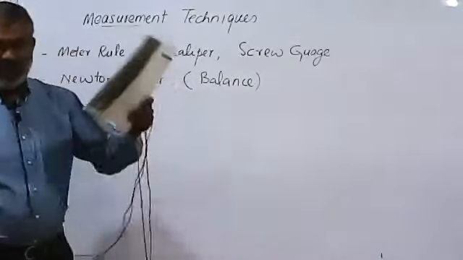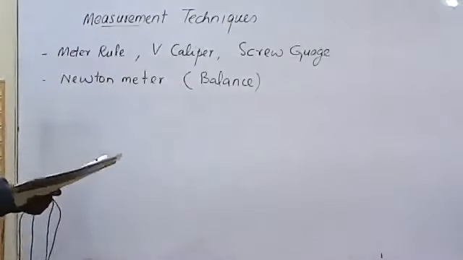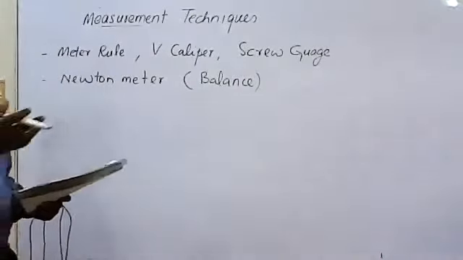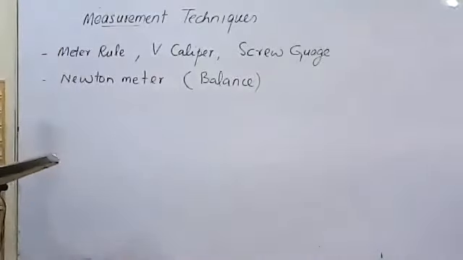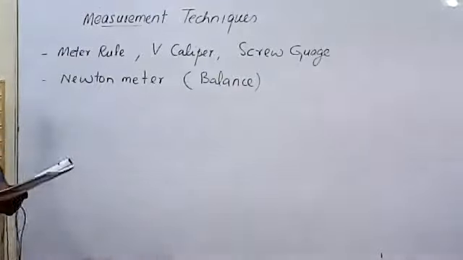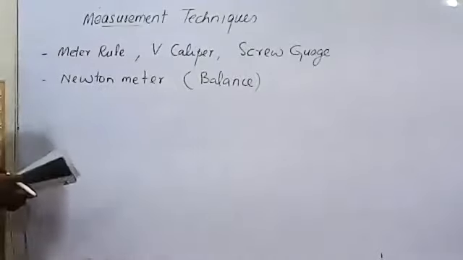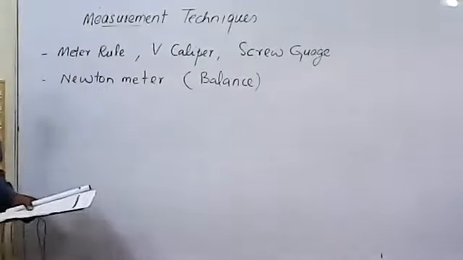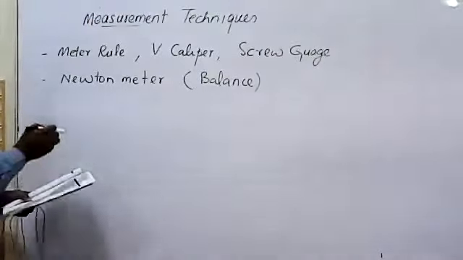It may be a simple physical balance in which you put mass on one side and the object on the other to see what mass in grams or kilograms an object has. The Newton meter, which is also known as the spring balance, is relatively more commonly used when it comes to measuring weight or mass of an object.